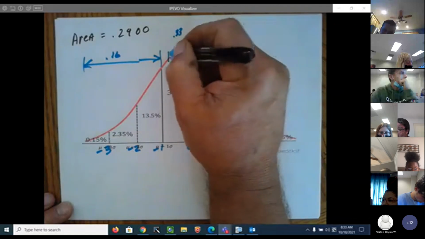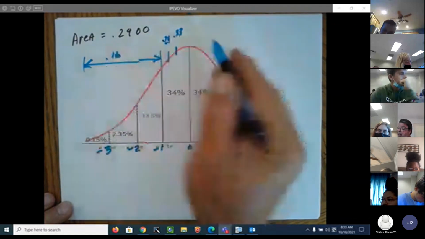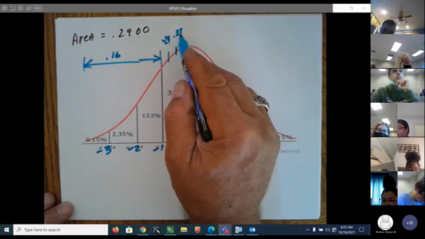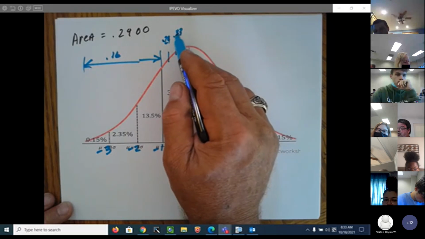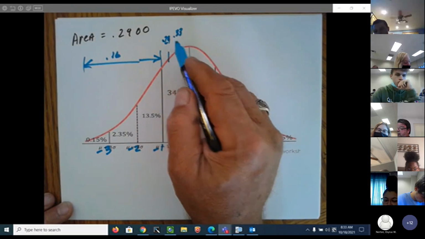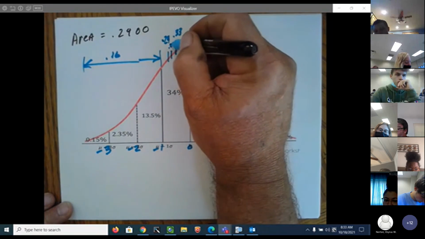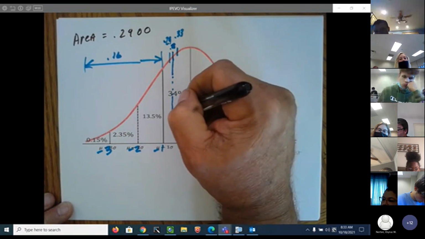We need 0.29. So 24 to 33, half of that is 4. So that would be 0.28 right there. So we're going to use that as a guide.